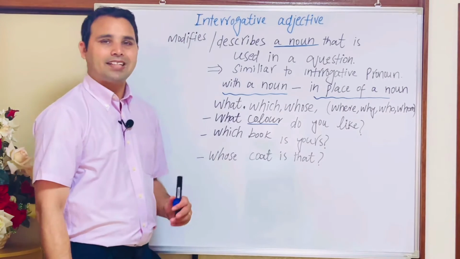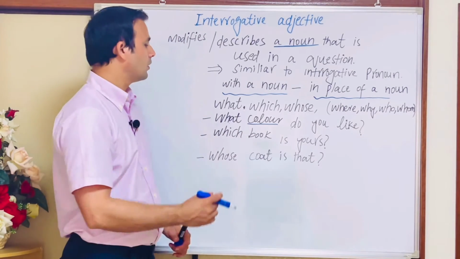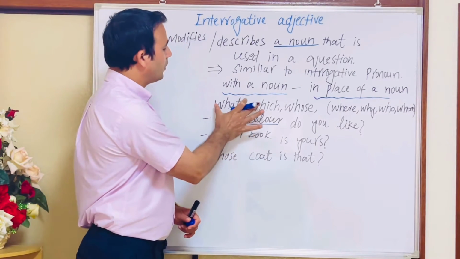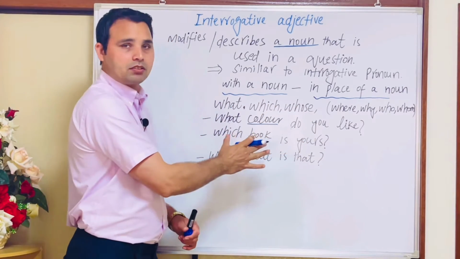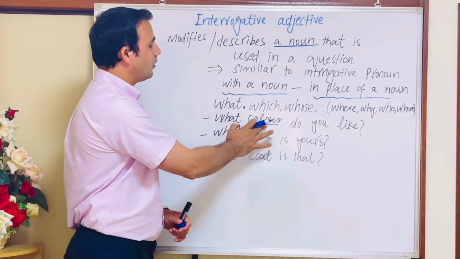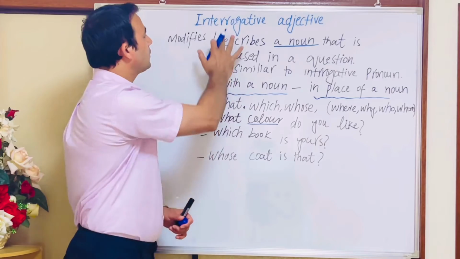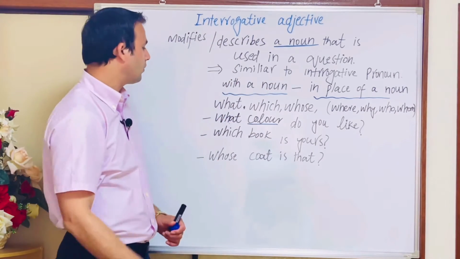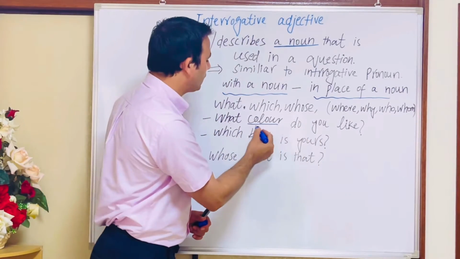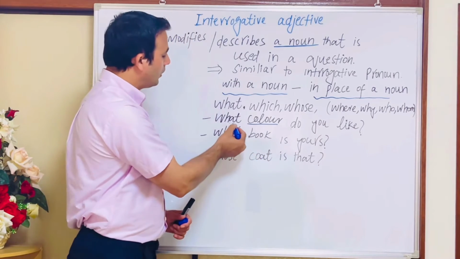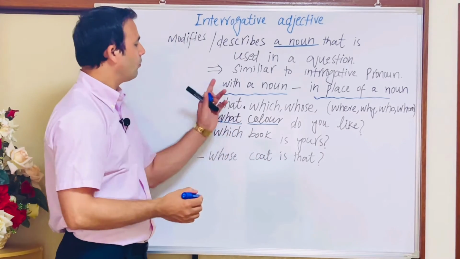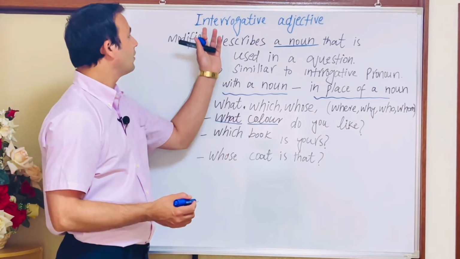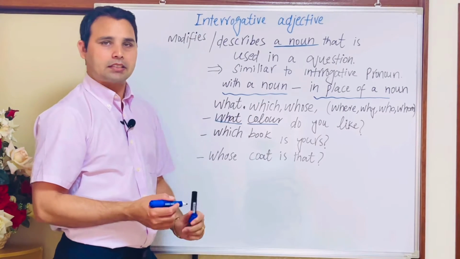Color, that is a noun. When any of these words is used with a noun, it means this is an interrogative adjective. Like, what color do you like? This is a noun and this is used with a noun, so this is an interrogative adjective.